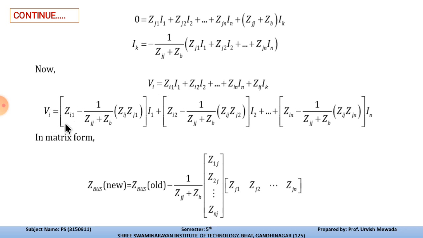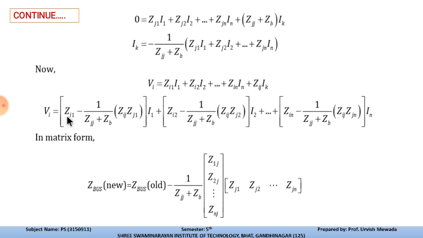So Vi is equal to, as we have taken from type number 1, Zi1 minus 1 upon Zjj plus Zjb into Zij into Zj1 for I1, because we have considered bus number 1. Similarly we can write the equation for Zi2 and then Zin, using the value of the current over here.